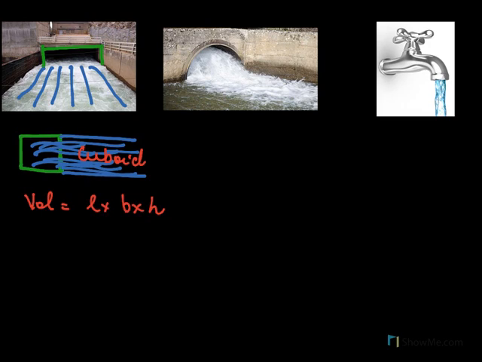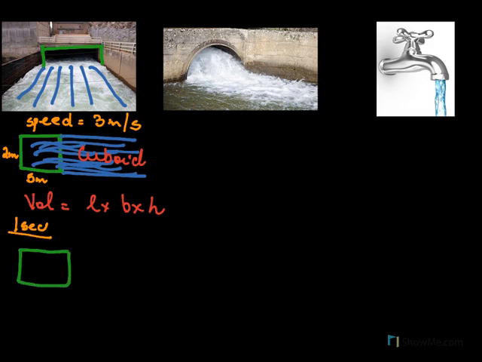Let us say that the breadth of this cuboid canal is 5 meters and the depth is 2 meters. And the speed with which the water is flowing is 3 meters per second. So in 1 second, let's find out how much water is flowing out of this cuboid. Here we have the canal.